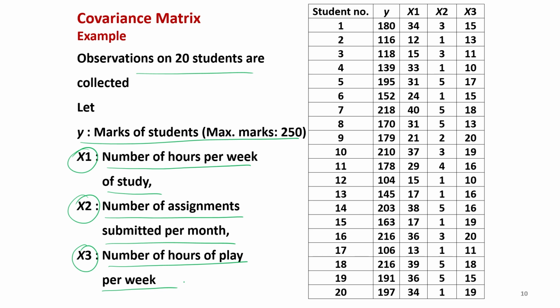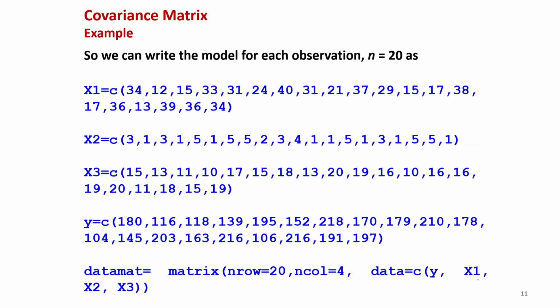And this data was stored in this format. Student number 1 got 180 marks, studied for 34 hours in a week, submitted 3 assignments in a month and played for 15 hours in a week, and so on. So this data on 20 such students was recorded.